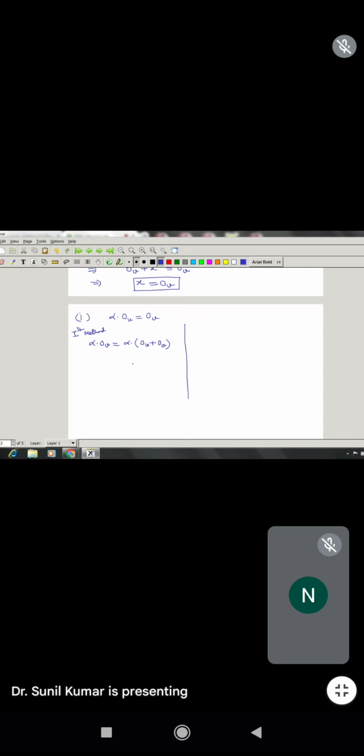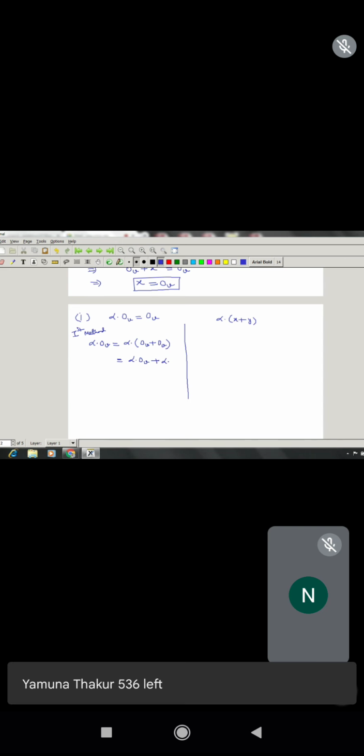Yes, sir, because we have already proved x is equal to x plus x and x is equal to 0v. Now we can write alpha dot 0v. In a vector space, alpha dot (x plus y) equals alpha dot x plus alpha dot y. So x is a vector, y is a vector, so alpha dot 0v plus alpha dot 0v.